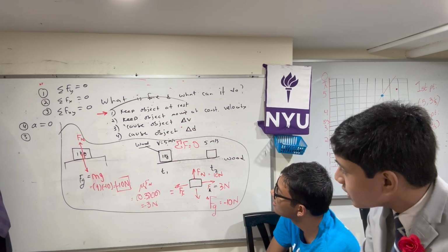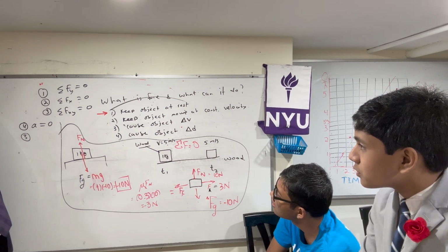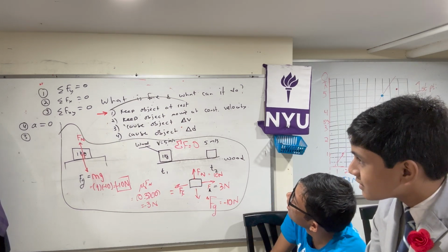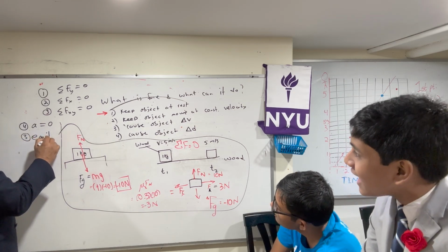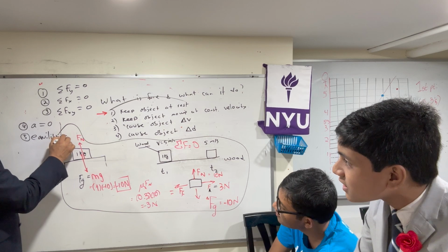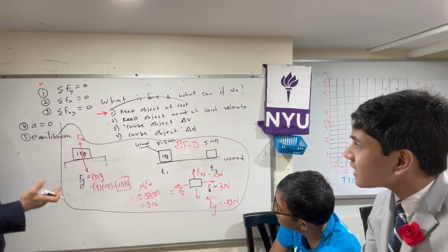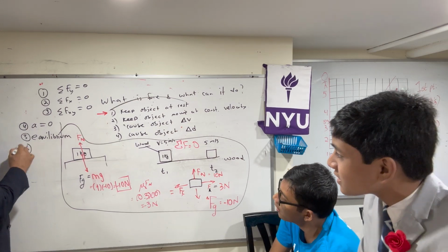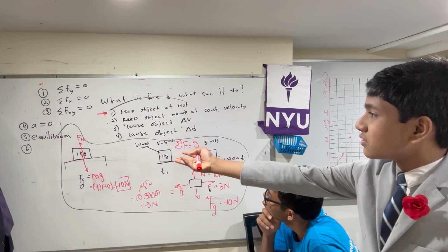Fn and G are not significant. They both are in equilibrium. Isn't that what number 3 is? Equilibrium is another way of saying their net force is 0, the same thing. So why keep both of them there?